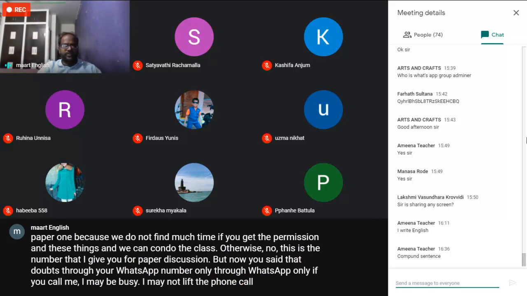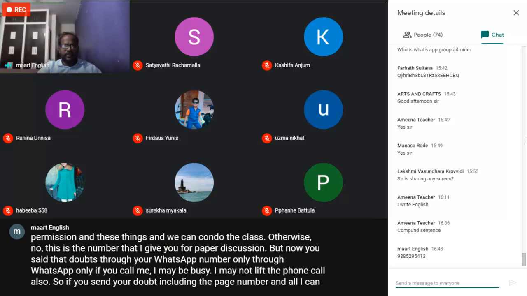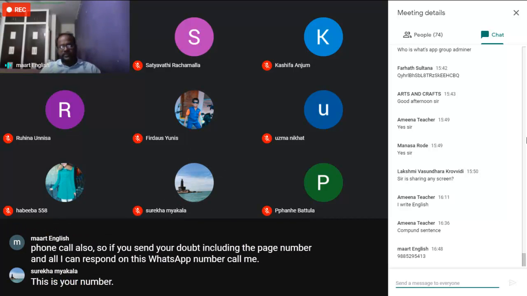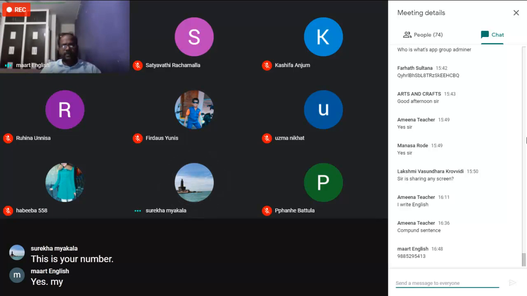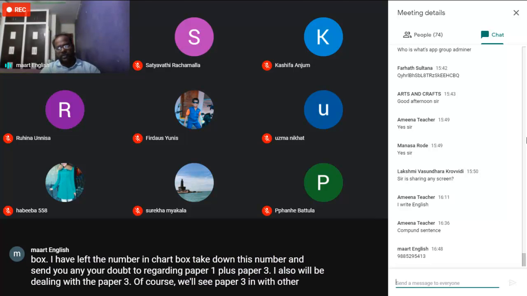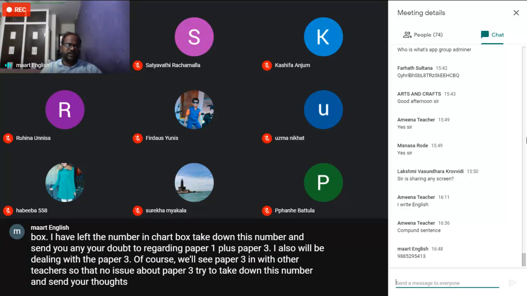If you send your doubt, including the page number, I can respond on this WhatsApp number. My number is in the chat box. Take down this number and send your doubts regarding paper 1. I will also be dealing with paper 3, along with other teachers, so there is no issue about paper 3.